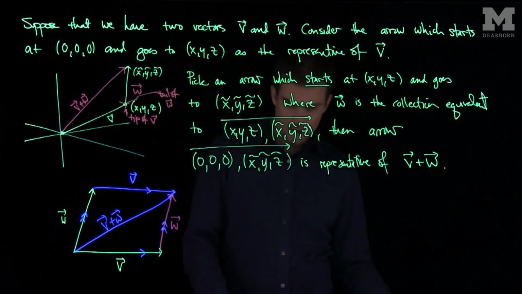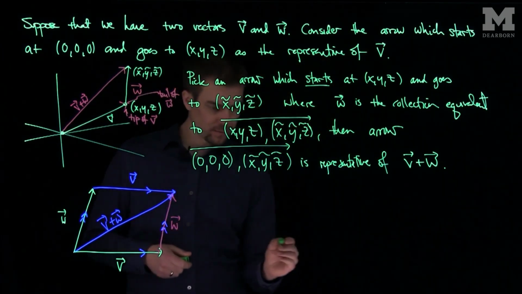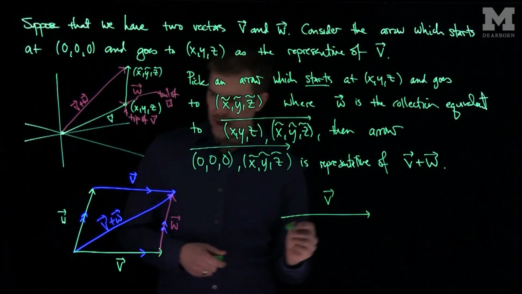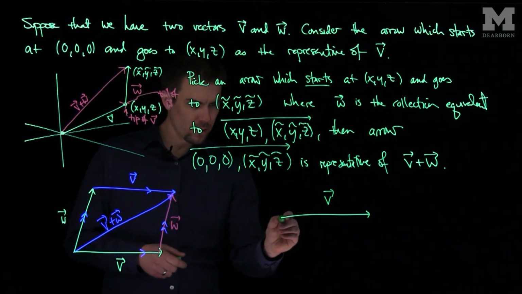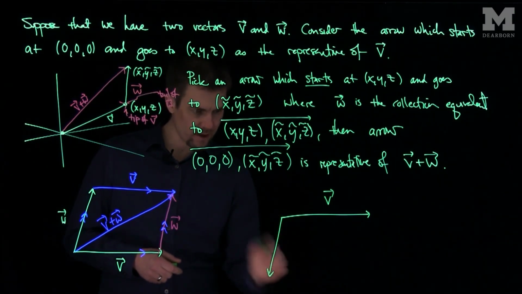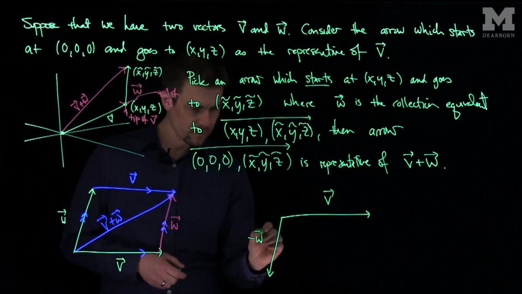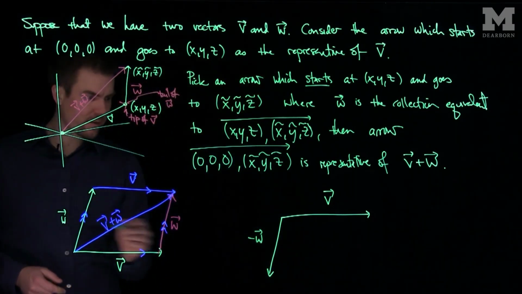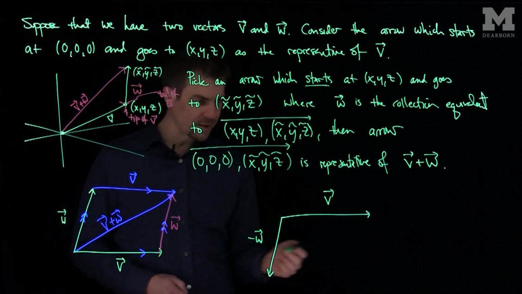And we can do a similar idea and look at the vector v over here. And now the vector negative w goes down like this. So that's negative w. We see over here w is in the positive orientation, over here w is in the negative orientation.